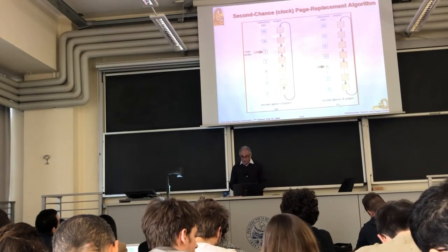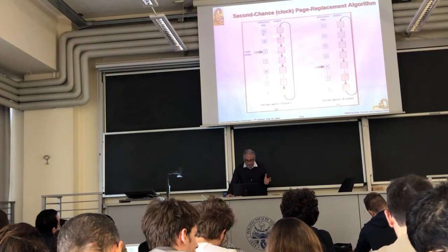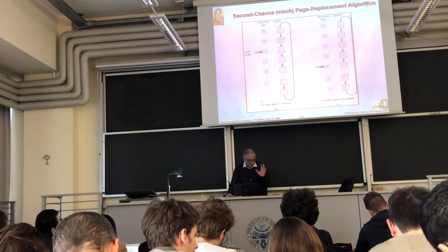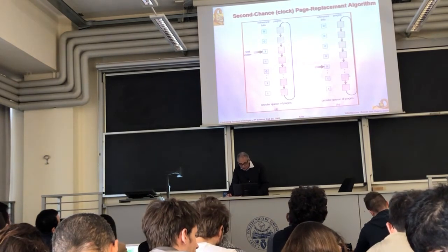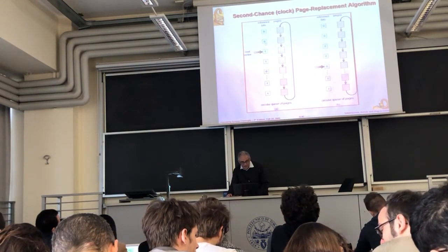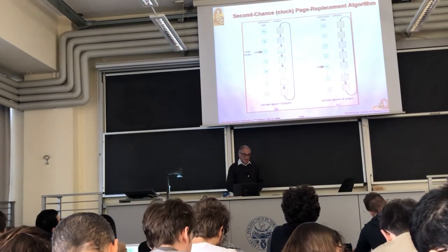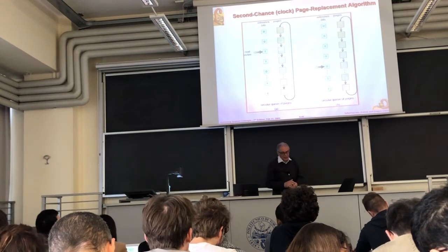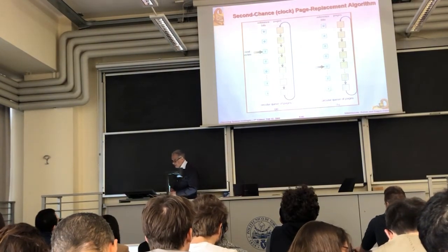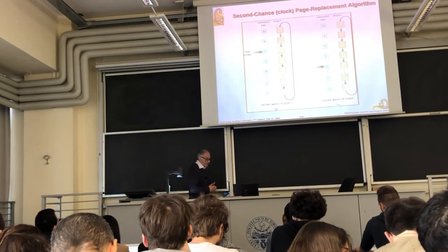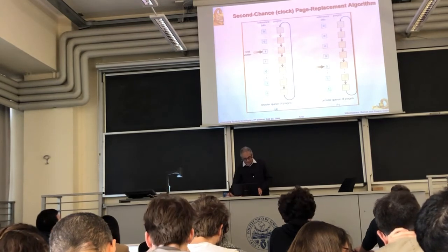If all the pages have been referred, it continues to put 0, 0, 0, and comes back to the first position. So in this case, it performs exactly like the first in, first out algorithm. But you got the idea.